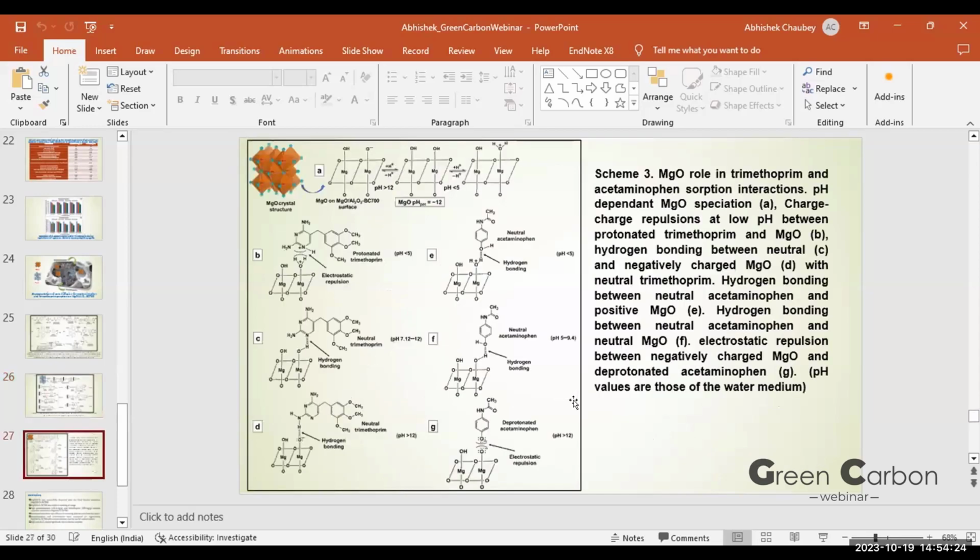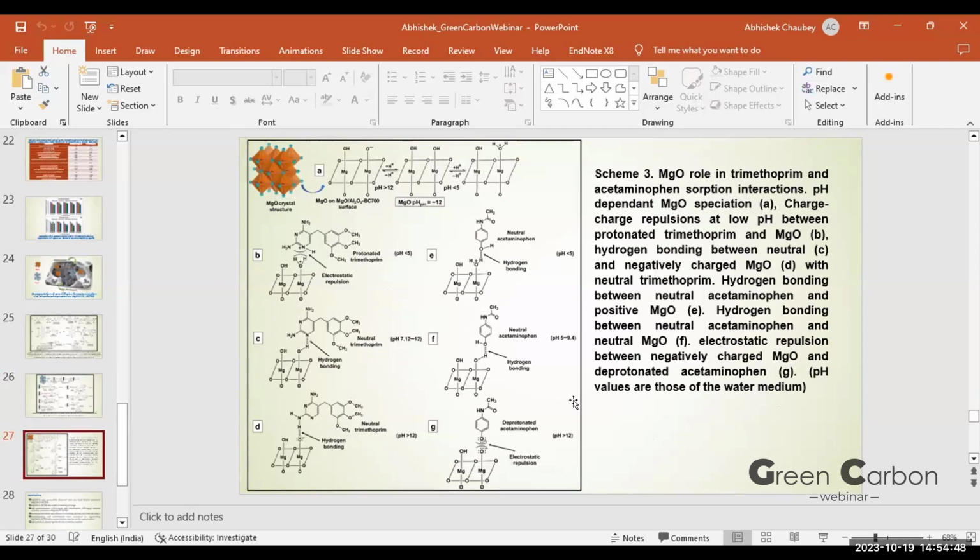Further, the role of the MgO crystal was also assigned: MgO remains protonated below pH 5, remains neutral as MgOH between 5 and 12, and becomes net negatively charged at pH above 12.